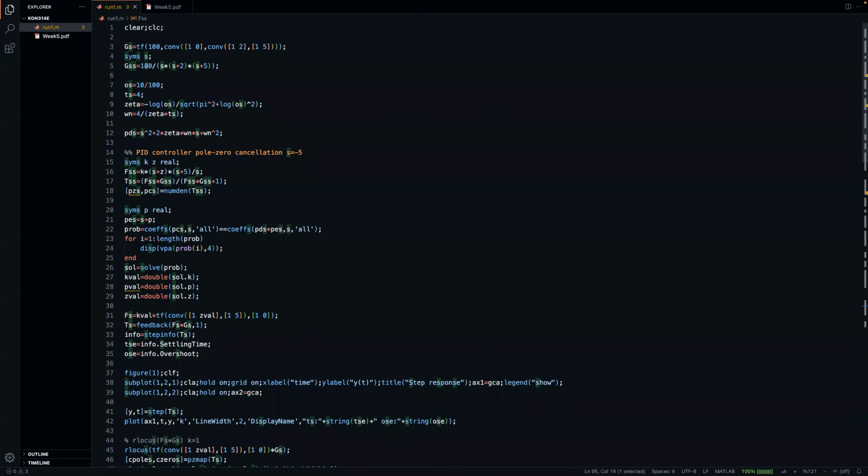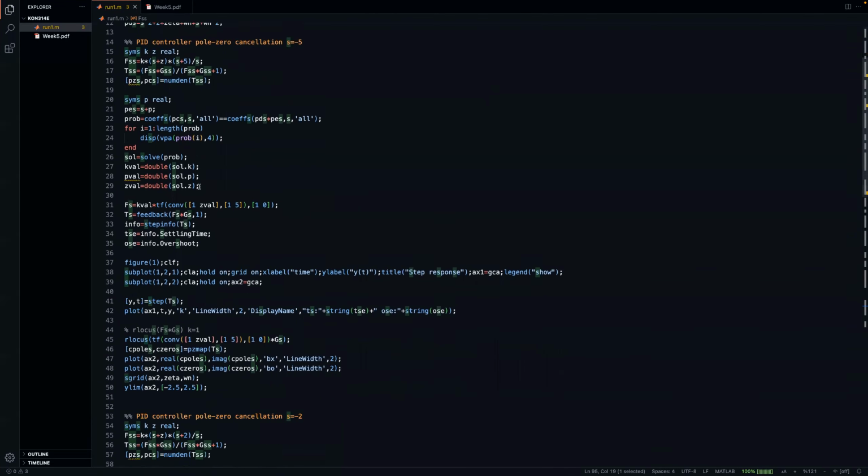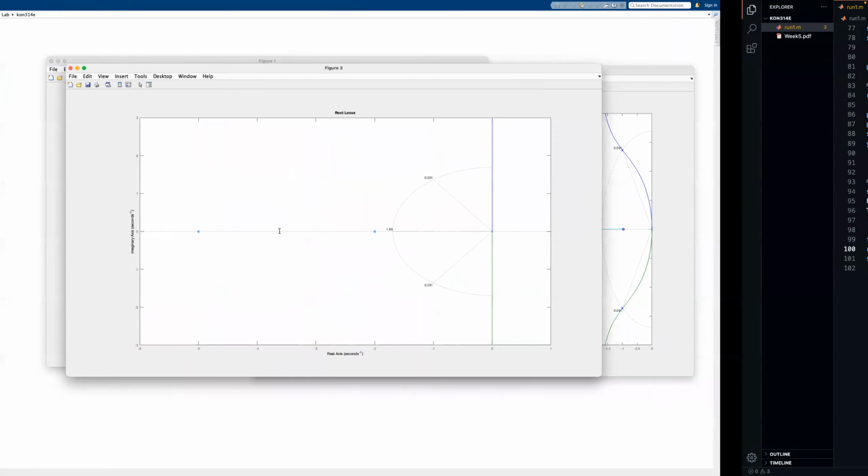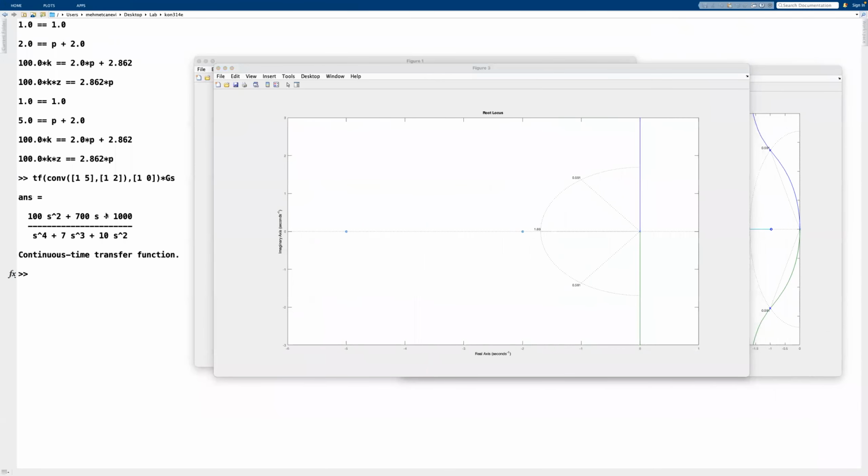And we had this coefficient 100. So 100k divided by s squared is going to be the loop transfer function, which corresponds to this one here, because this whole thing is nothing but a cancellation. If you set k on it, you can see (s+5), (s+2), (s+5), (s+2), 100, and s squared. This is basically the loop transfer function.